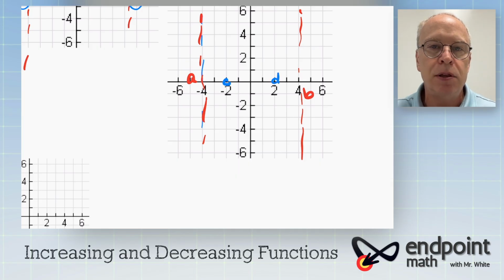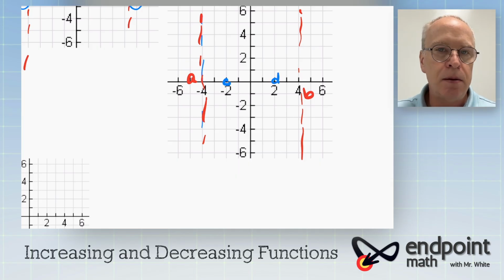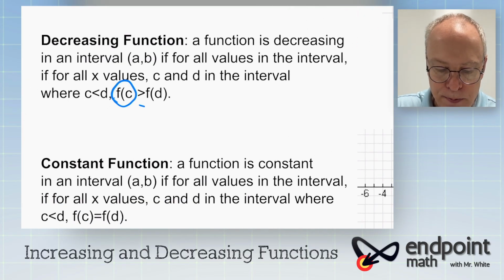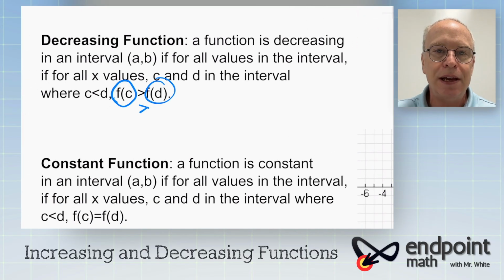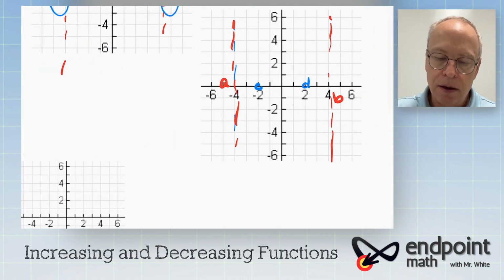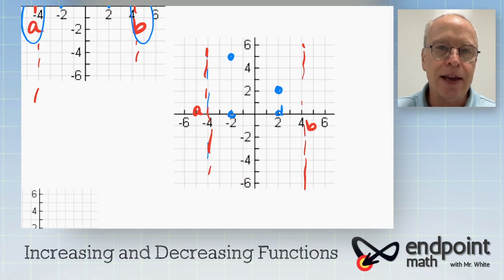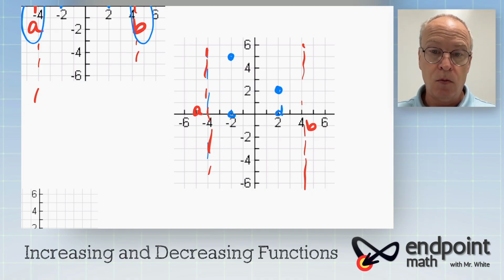I just happen to put them at -2 and 2. They could be anywhere. Now this time, the output of c is bigger than the output of d. Aha. So the first dot is going to be higher than the second dot. No matter where we put these, the first dot would have to be higher than the second one.